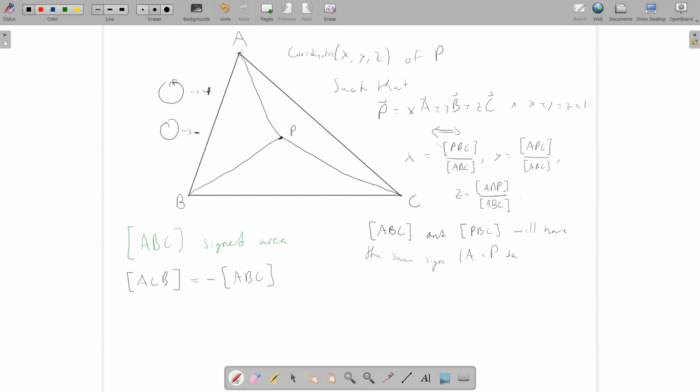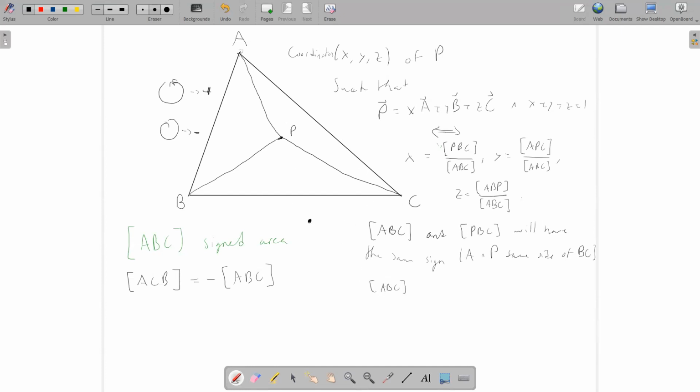On the other hand, if they're on opposite sides, say P was like here, ABC in this case would go counterclockwise, but PBC would go clockwise.